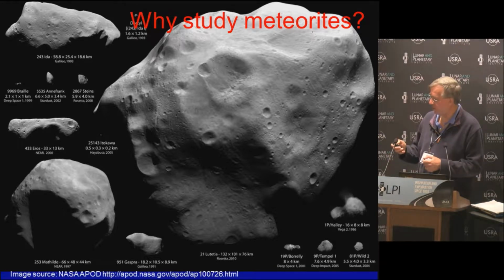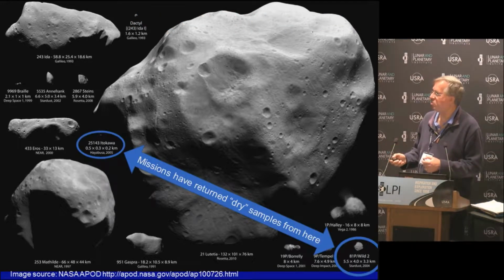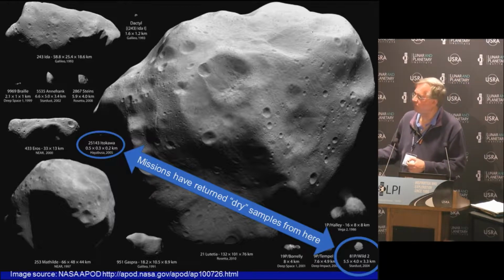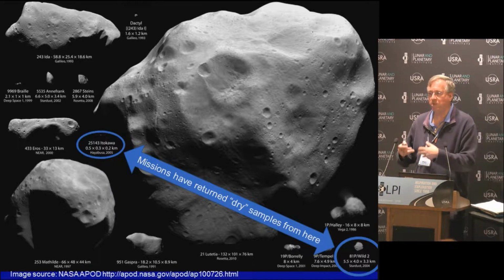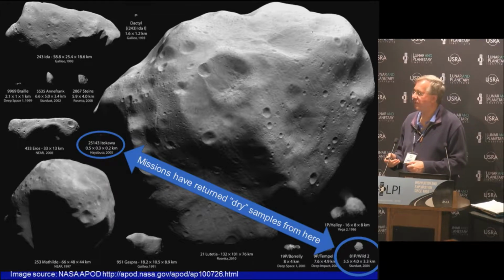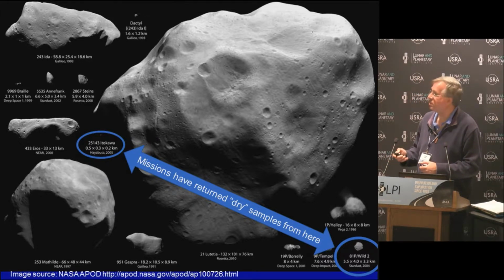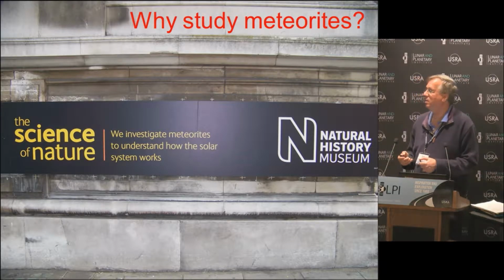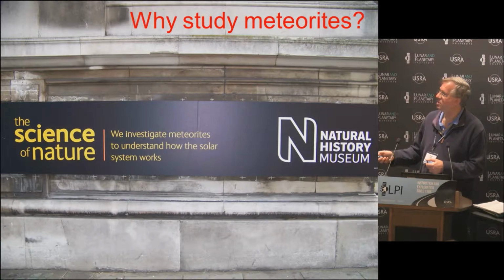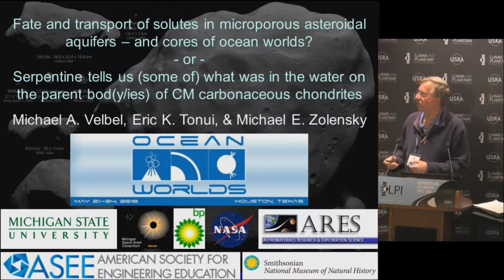And the meteorites are pretty much the only samples we have of these objects, the only intentionally returned samples, the comet dust samples Mike just mentioned, and less than a thimbleful of grains from an ordinary chondrite type asteroid, are the only samples the community has that are returned from a known specific object. So part of why we study meteorites is because we have them. And as the Natural History Museum of London has on the sign outside, we investigate meteorites to understand how the solar system works.